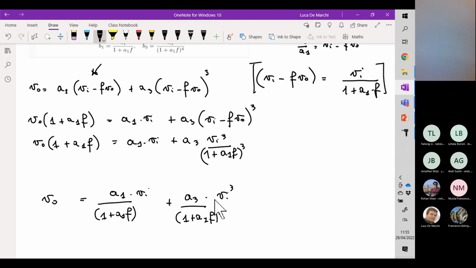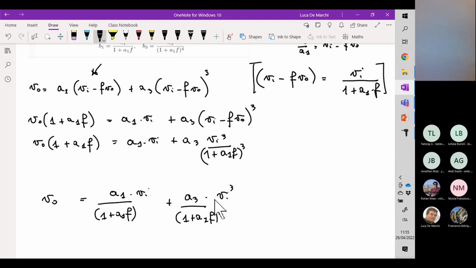What happens if we apply the feedback loop? Well, you must remember that whenever we have a feedback loop, the gain of the amplifying stage is divided by this characteristic formula 1 plus A of S times F. This is the formula that we have already analyzed and applied several times.